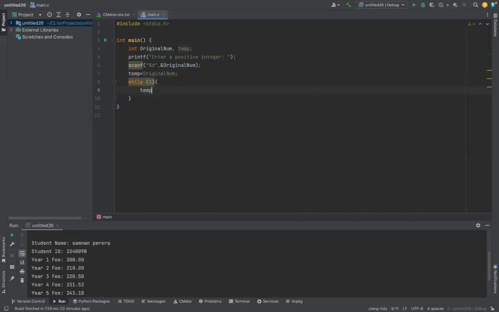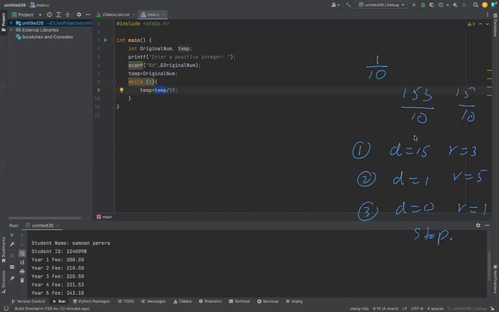That means temp equals existing temp divided by 10. Suppose you enter 153, then the original number is 153 and temp is also 153. Temp equals original temp 153 divided by 10. Then you will get 15.